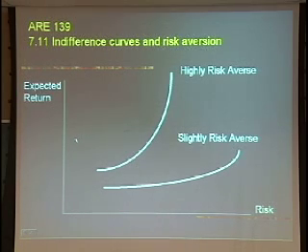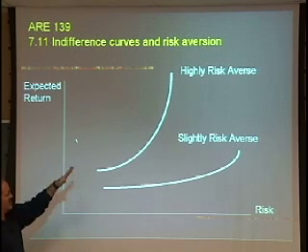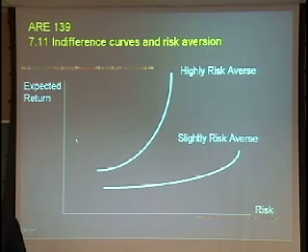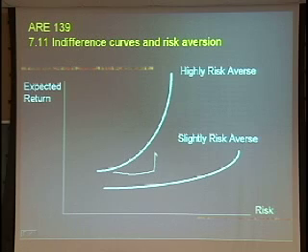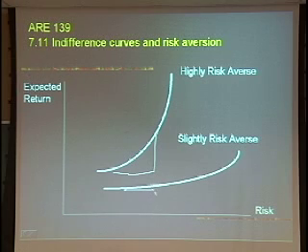Question? Oh, okay. So it's upward sloping, but there could be different degrees of risk aversion as well, right? If you're highly risk averse, then to take on a certain amount of extra risk, you would demand a much bigger increase in return versus an investor that's only slightly risk averse.